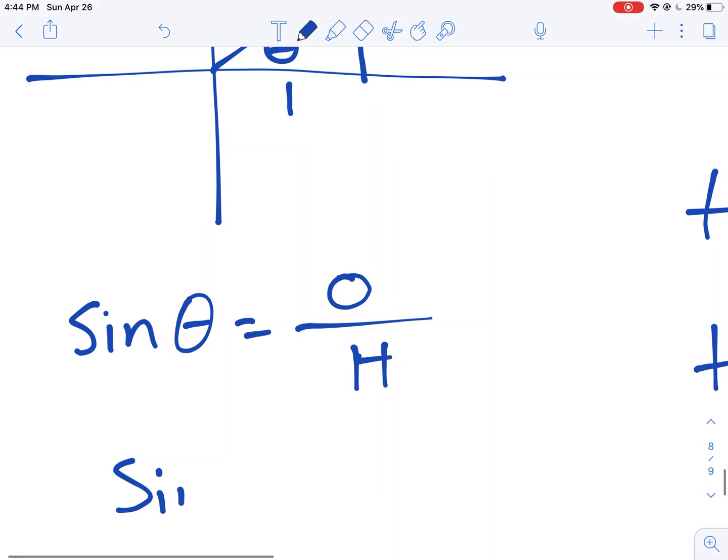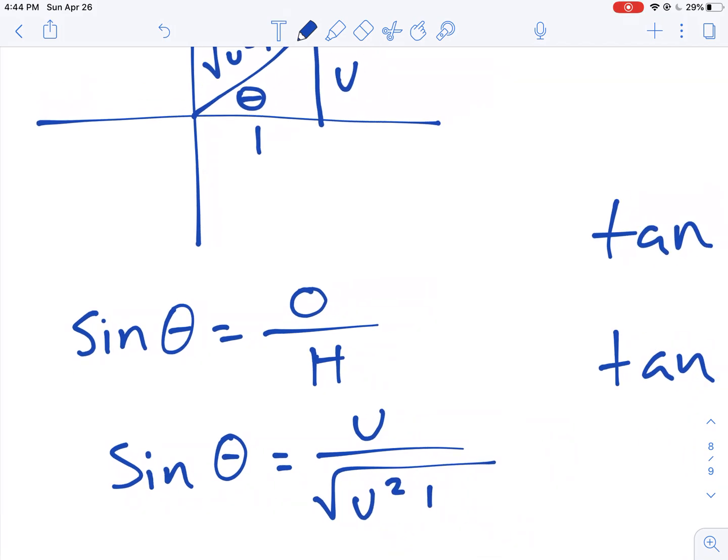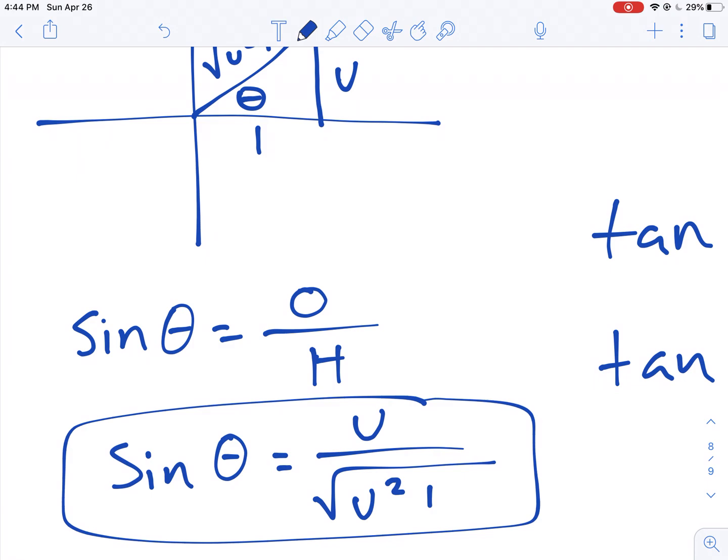So I'm going to say my sine of theta is going to be equal to u over the square root of u squared plus 1. So this almost gives me a general formula at this point, that once I get a number for tangent, all I have to do is start plugging it in. So if I had the sine of the tangent inverse of any number, I can just plug it into this formula and it would end up being the exact same.